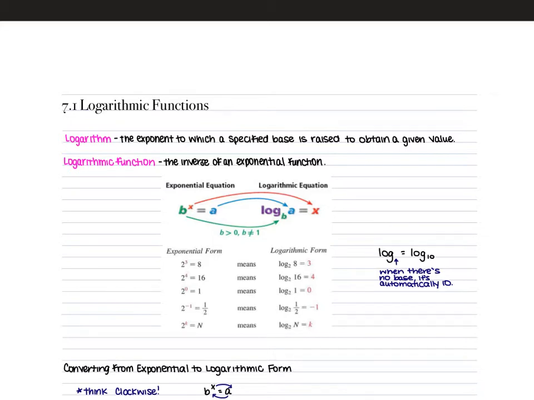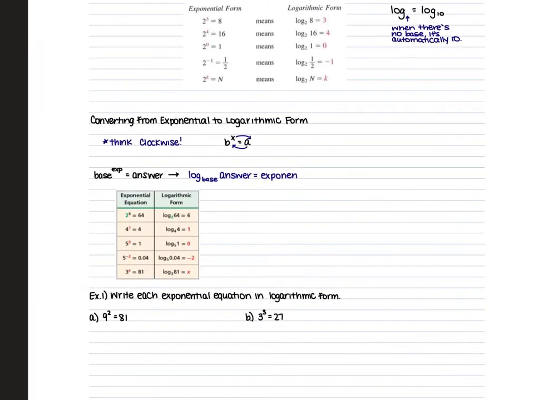When we look at the first set of examples here, we're converting from exponential to logarithmic form. When we go from exponential to logarithmic, you want to think clockwise. That exponent will become your answer, and your answer will become your whole number. So you're going to have log in every answer.